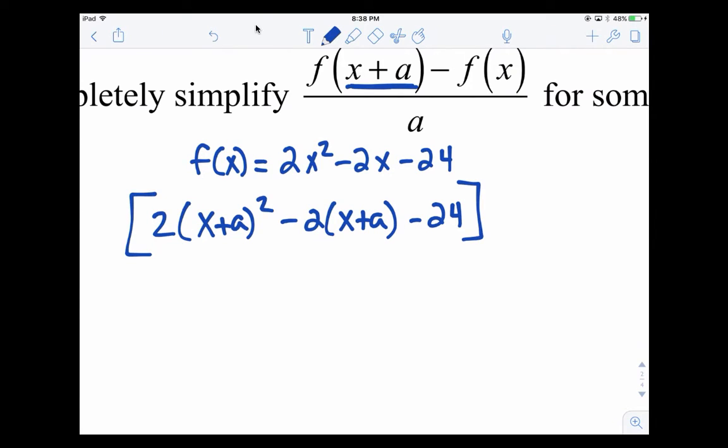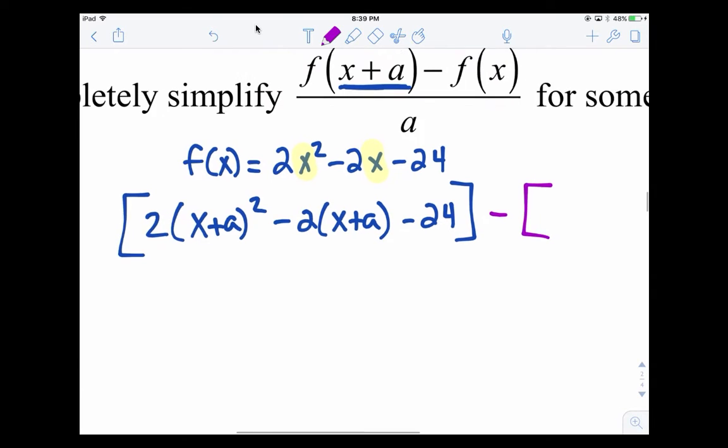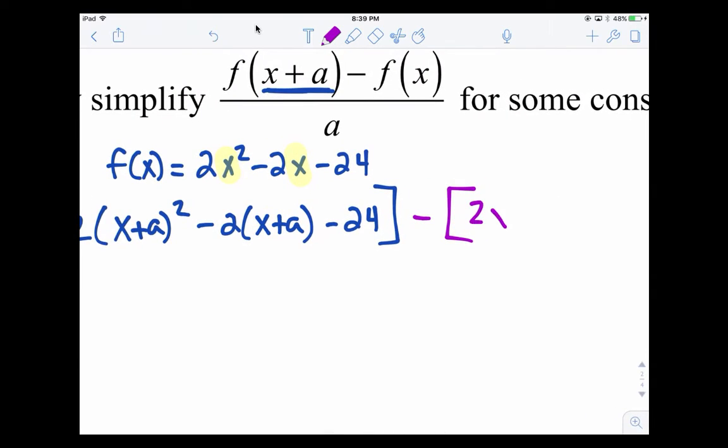So that's the first part. Again, I replaced any x term that I saw with x plus a. Now the second part asks me to then subtract f of x. So you're going to subtract your original equation, 2x squared minus 2x minus 24.